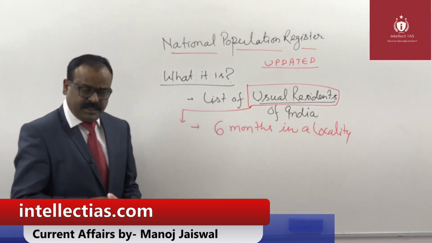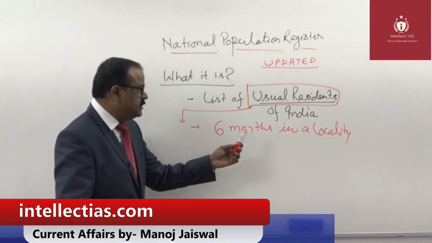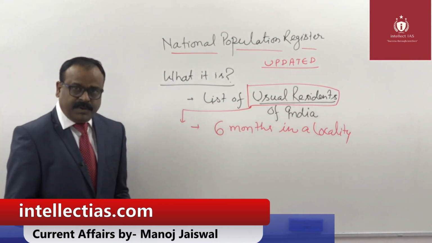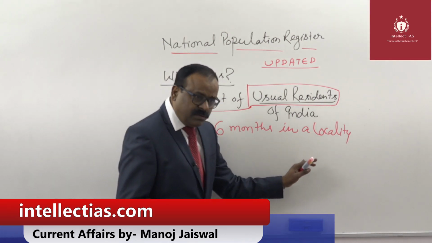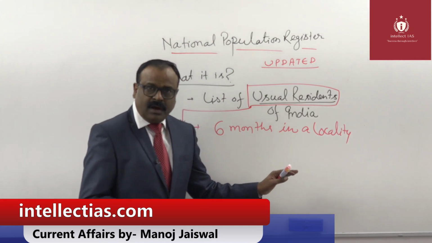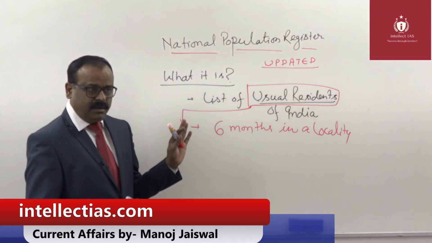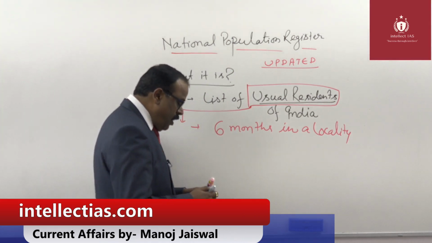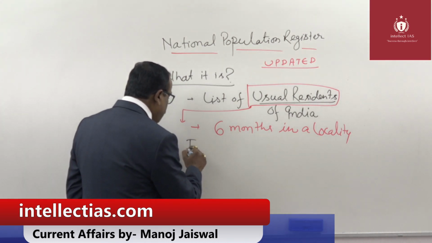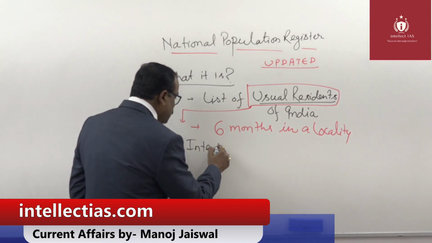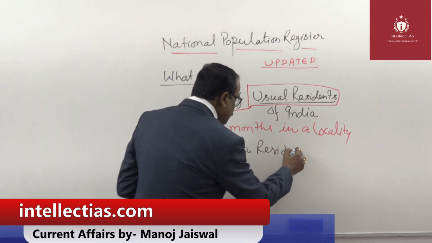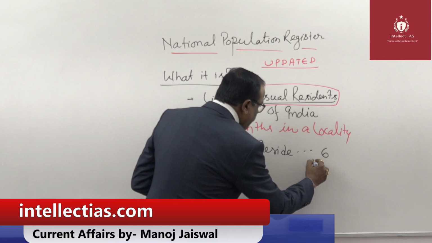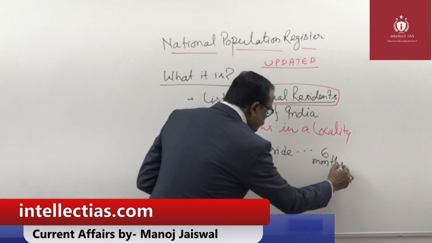Okay, first thing, who are the usual residents? Who are the people who are living or residing, okay, in a particular locality throughout the territory of the country, or having intention to reside for the next 6 months.